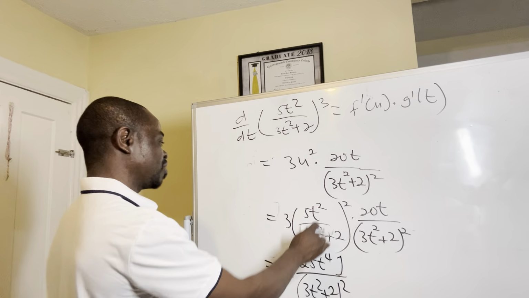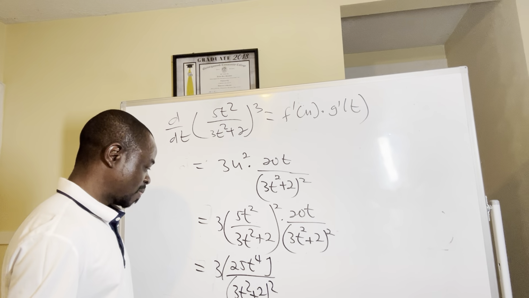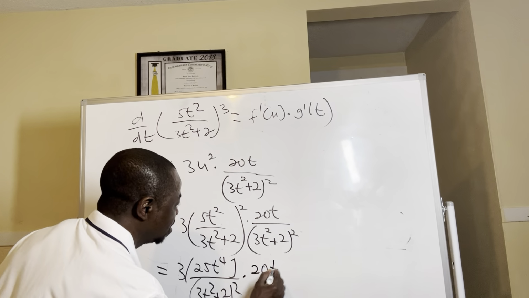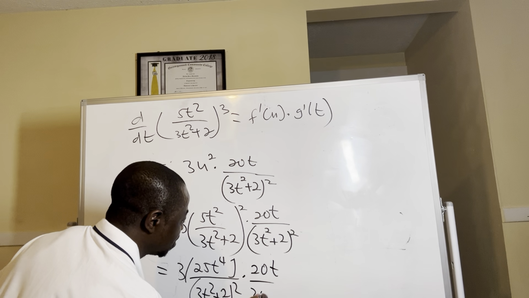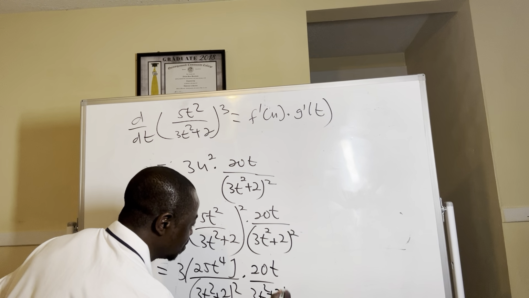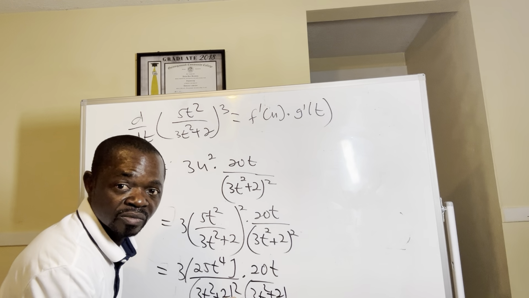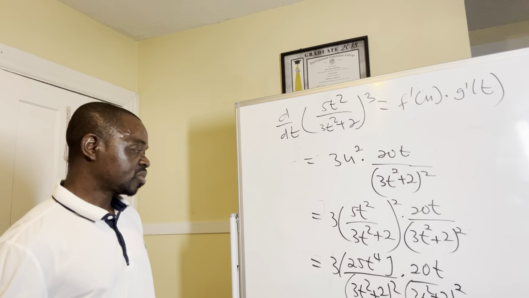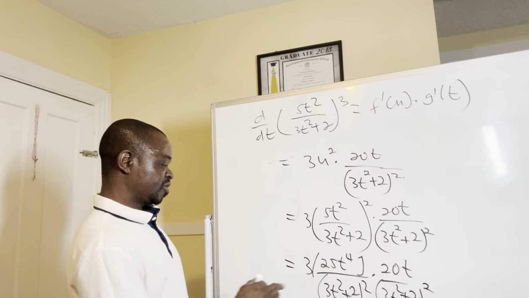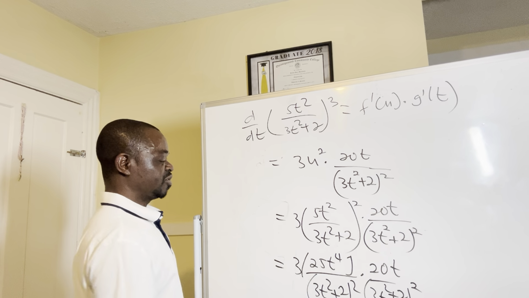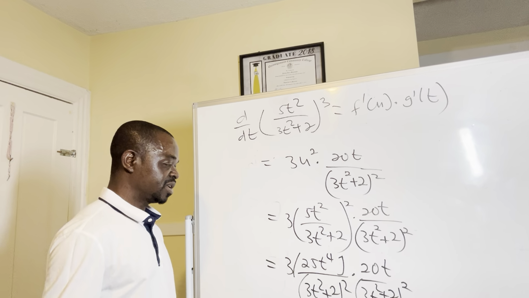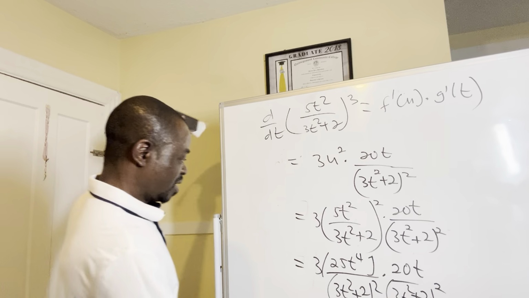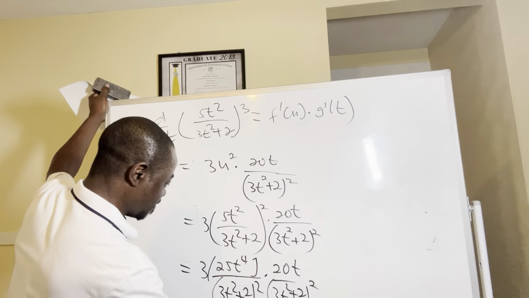The square affects both the numerator and denominator. So this is multiplied by 20t all over 3t squared plus 2 all raised to the power 2. If you multiply 3 by 25, that gives us 75. 75 by 20 is going to give us 1500. So t raised to the power 5.